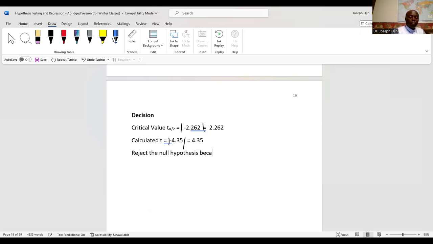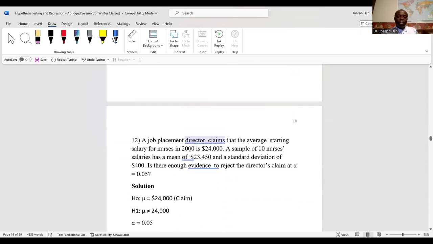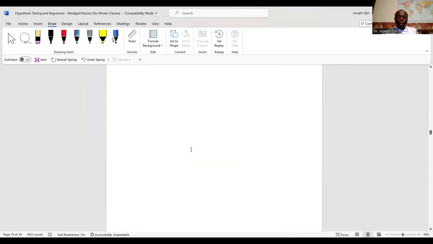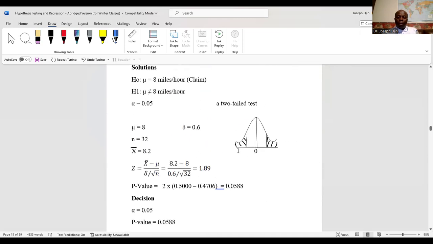Remember this is negative, so it's actually negative 4.35, but we use the absolute value to compare them. If I put a negative here and a negative here, algebraically negative 2.262 is bigger than negative 4.35. That's why we use the absolute value to compare them. In this bell curve with two tails, a negative number just means it's on the left side.